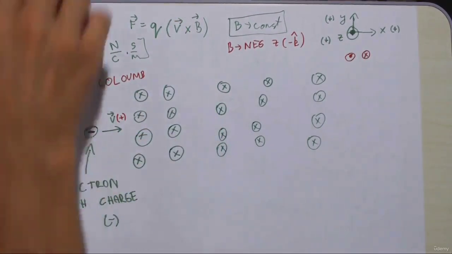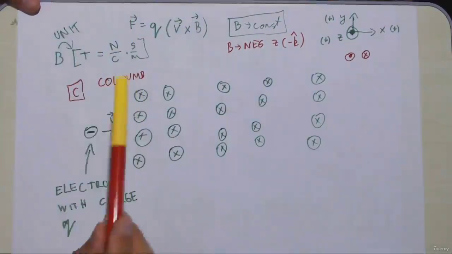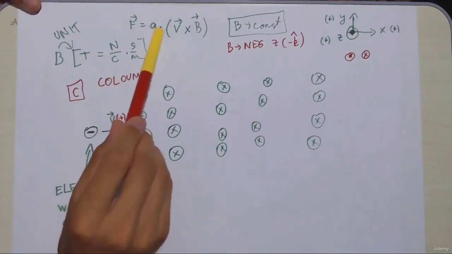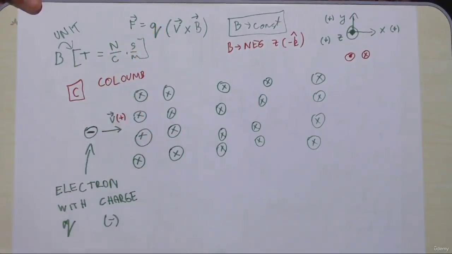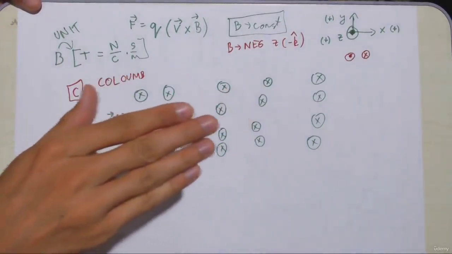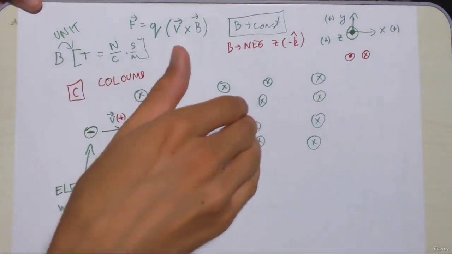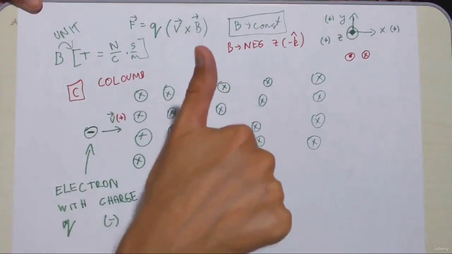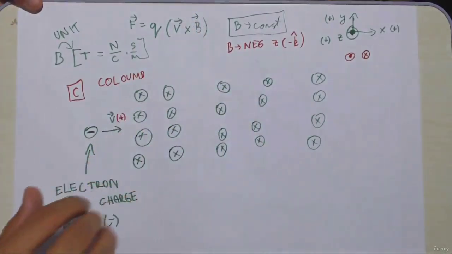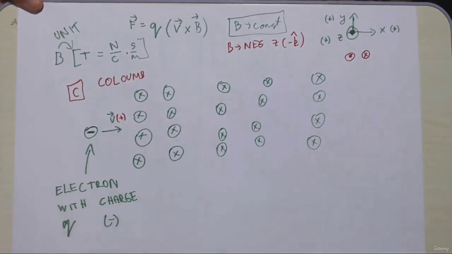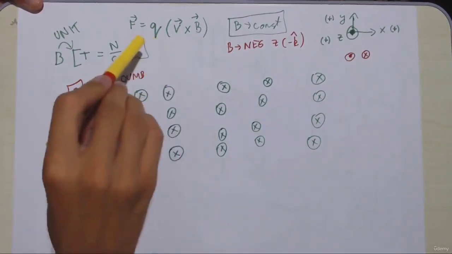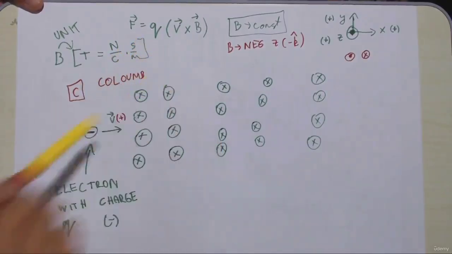However, don't forget that the electron has a negative charge. So charge is a scalar quantity. So even though the velocity is like this and the cross product says that, okay, if I just cross it with the magnetic field, then the force points that way, and that would be true for a proton that has a positive charge. But since the electron has a negative charge, it will reverse the whole thing.